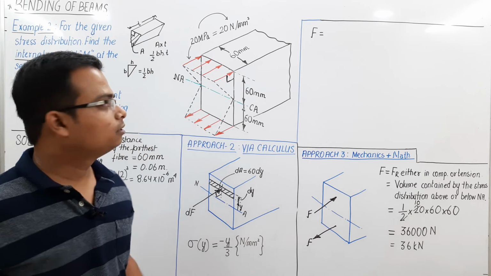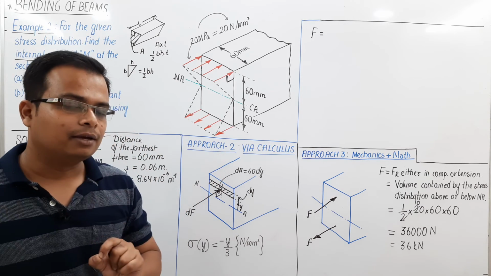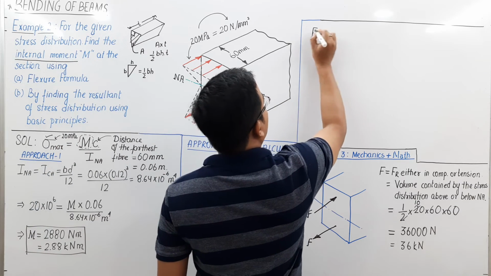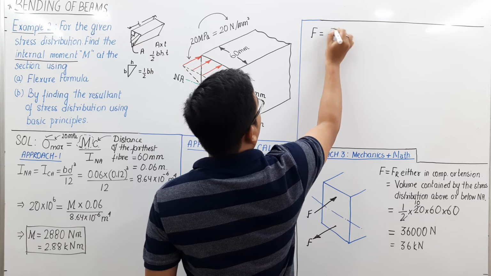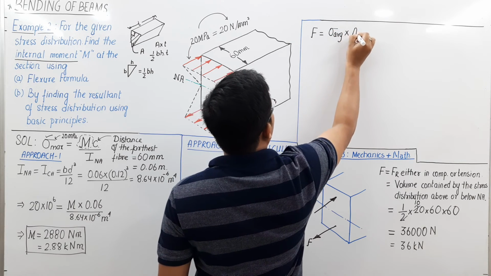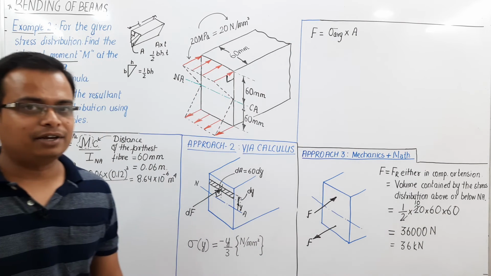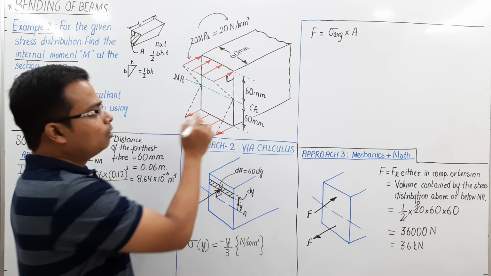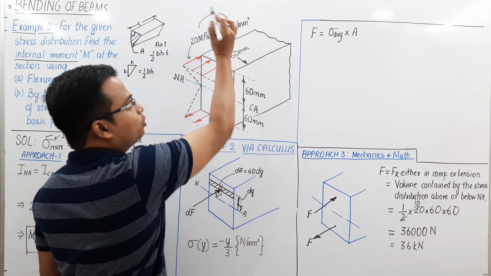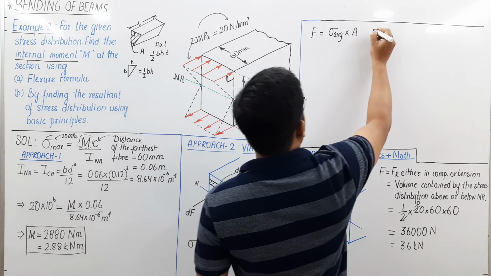So how do we work with stress which is linearly varying? We know at the neutral axis the stress is 0. So if you want the force, you can find the average stress and multiply it with the area. Just take a look. What is the stress at this point? It's 0. What is the stress at this point? It is 20 megapascals, or 20 Newton per mm square.